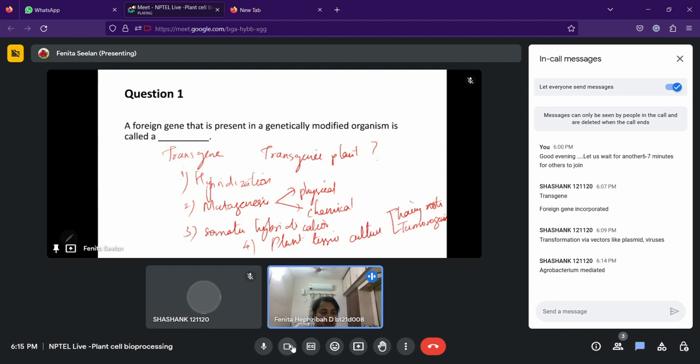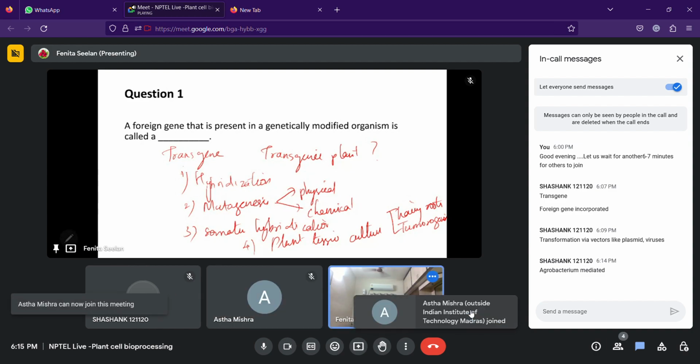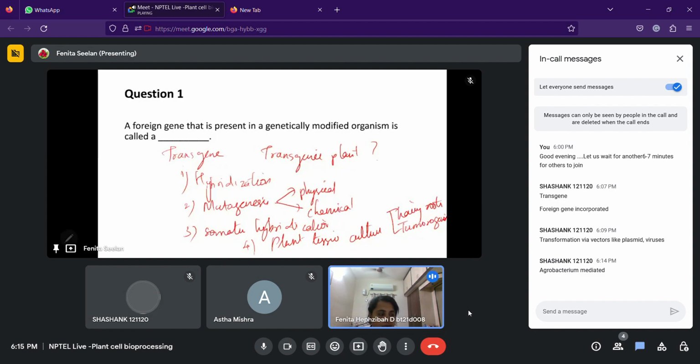So mutagenesis: what are the physical and chemical mutagens? Can you define something? Generally, even in microbial systems, how do they do mutagenesis? They try to do random mutation. Generally people use targeted or non-targeted mutagenesis, random or targeted mutations.